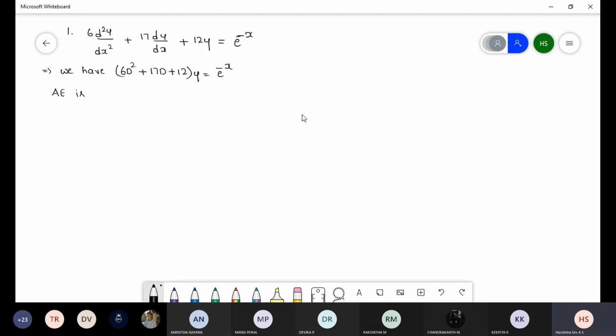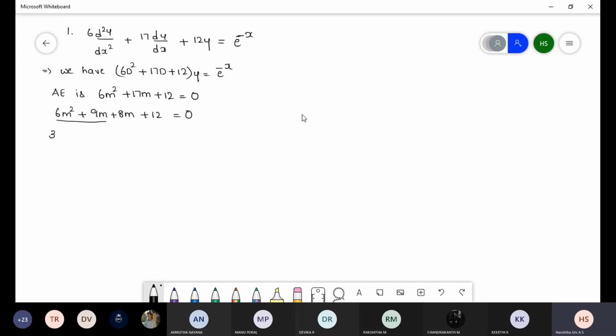Auxiliary equation means replacing here D by m. So 6m square plus 17m plus 12 is equal to 0. So factors: 6m square, here I split the 17 as 9m plus 8m plus 12 is equal to 0.